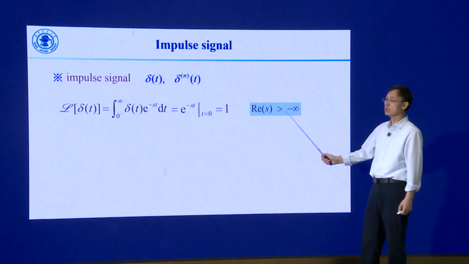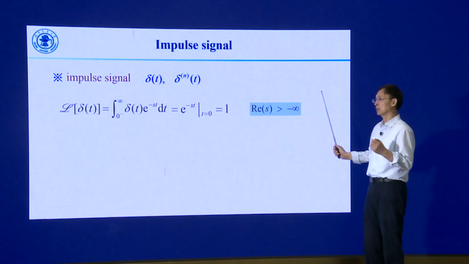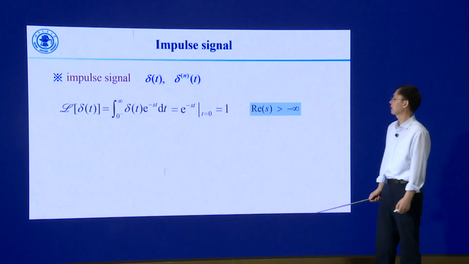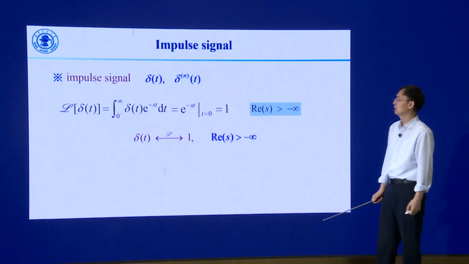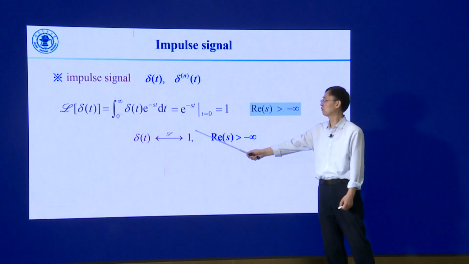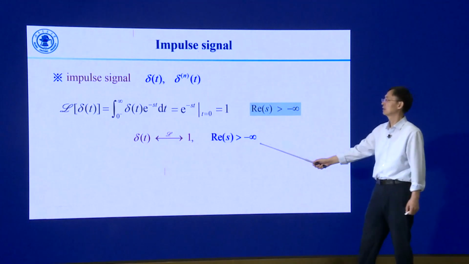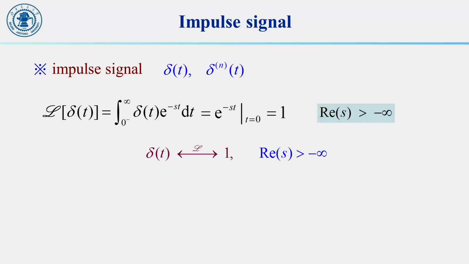So, the region of convergence is the entire s-plane. That's the unilateral Laplace transform for the impulse signal delta t. This is the ROC.